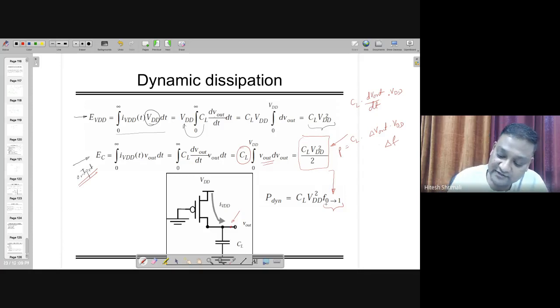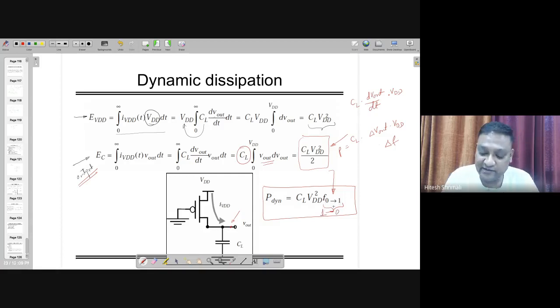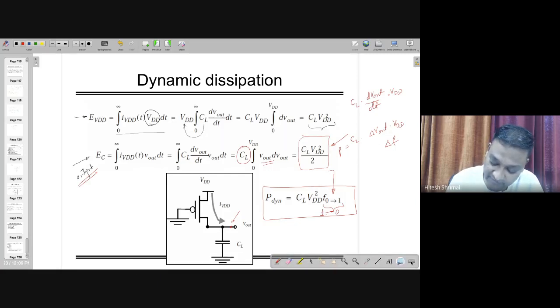From here it's derived that dynamic power consumption is CL times VDD square times frequency, going from 0 to 1, and of course 1 to 0 also, right? It's not only one side. Right now we are talking about 0 to 1 because of this figure, but for the other side it will be 1 to 0 also.